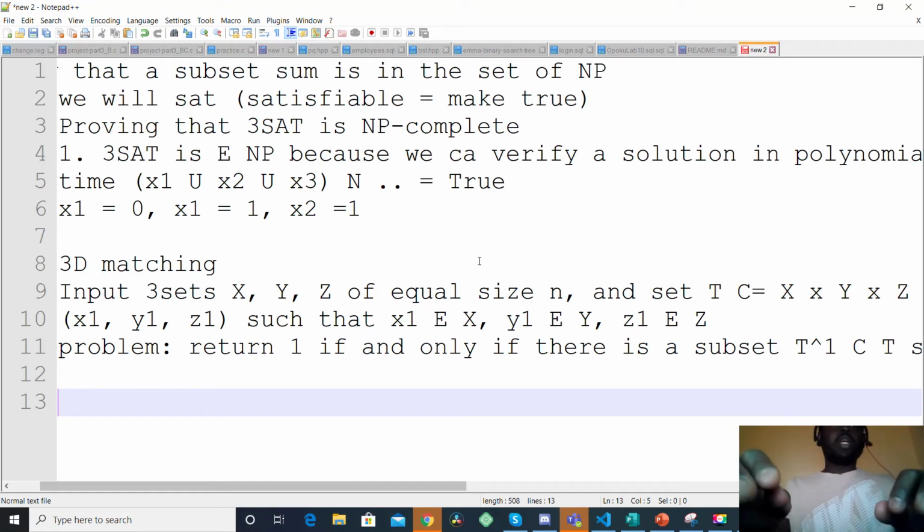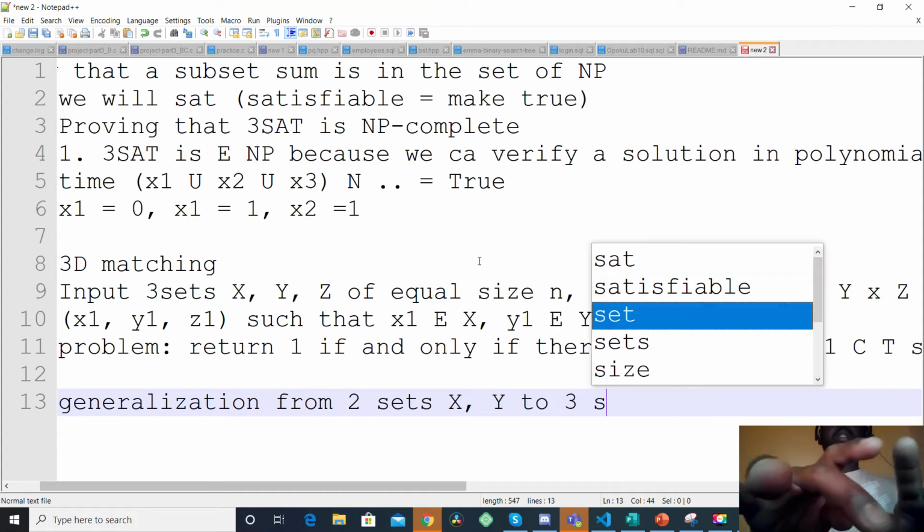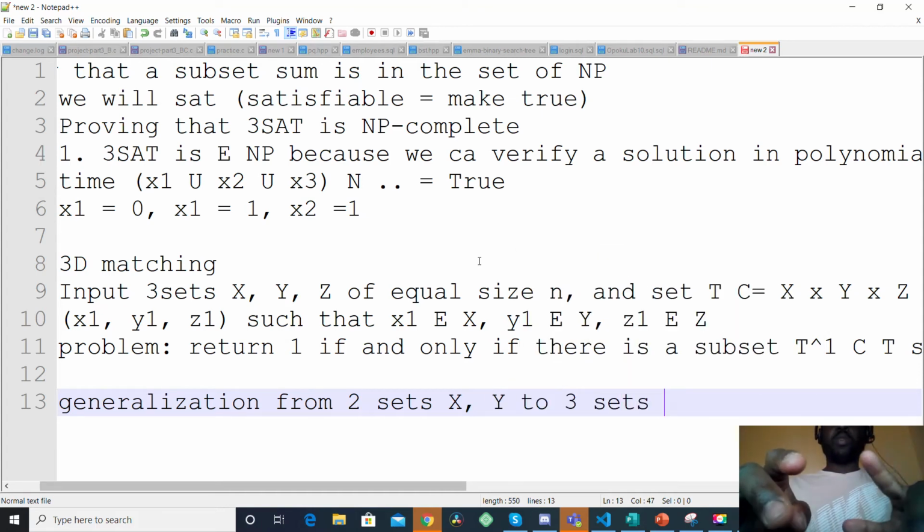And we just do this generalization from two sets, which are X, Y, to include Z, as I mentioned before.